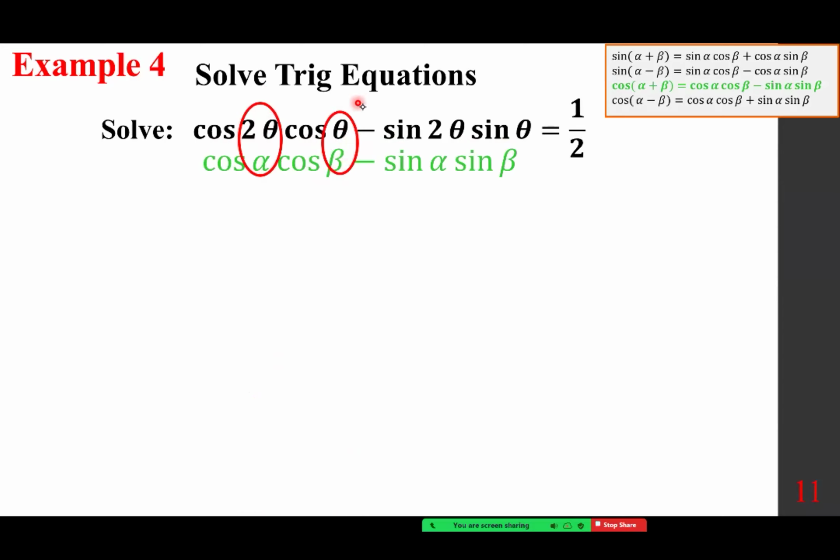I hope you can see that. Therefore, this is cosine of alpha plus beta, right, everybody? This must be cosine of 2 theta plus theta. Therefore, cosine of 3 theta is 1/2.